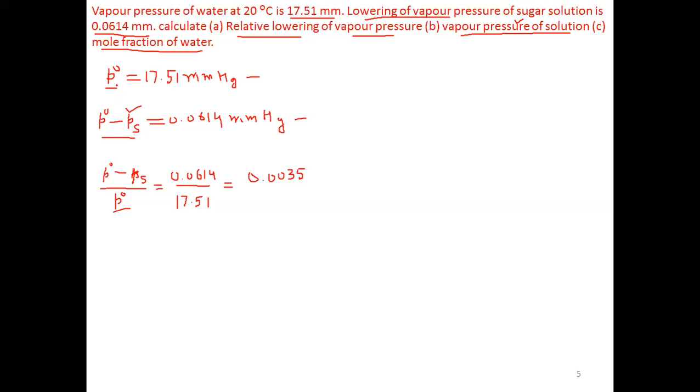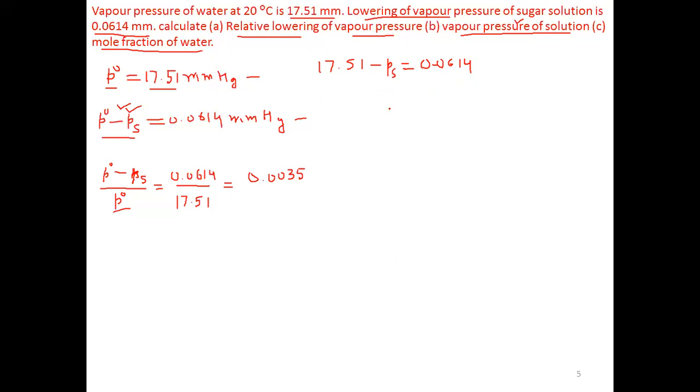By simply subtracting, putting the value of P naught here: 17.51 minus P S is equal to 0.0614.